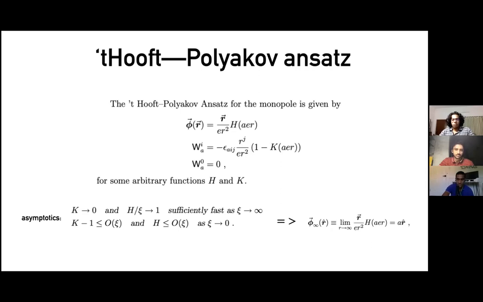So h and k here are arbitrary functions, and this is the ansatz they make. And basically, if you wanted energy to be finite, you'll get certain asymptotic conditions for k and h. And if you plug those conditions back in, then you'll find that phi infinity has to be a simple function of r as you take r to infinity.